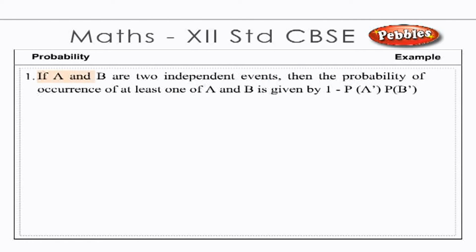Example: if A and B are two independent events, then the probability of occurrence of at least one of A and B is given by 1 minus P of A dash into P of B dash.